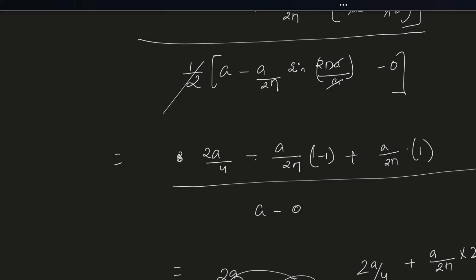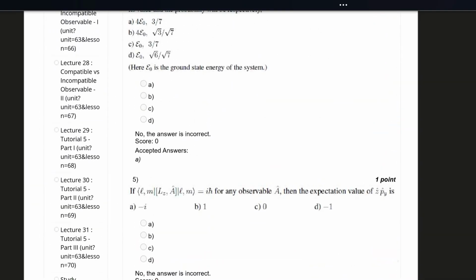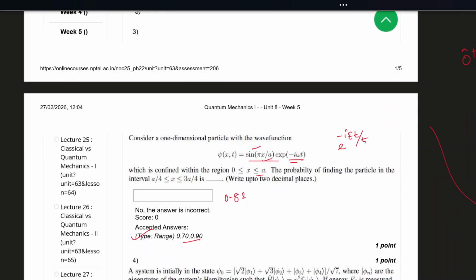So this is 2 pi, 2 plus pi. So if you calculate, you will get somewhat an answer like 0.82. So this is your answer, that this is 2 plus pi by 2 pi, which is nearly 0.82, which is the probability of finding the particle within this space that is given to you. So the answer will be 0.82 or 0.8 somewhat, which, if you check the given answer, is in this range, so this is matching.